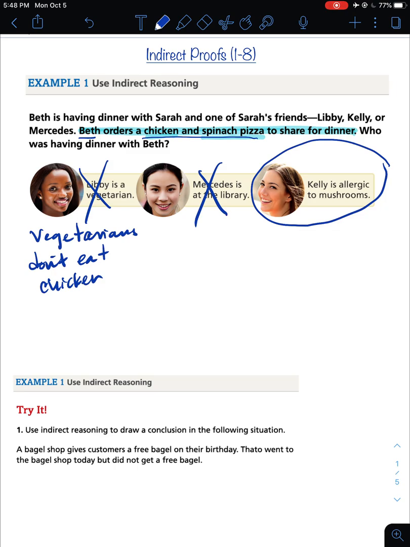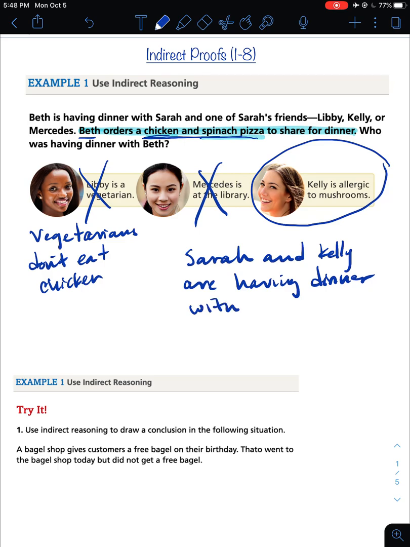So Sarah and Kelly are having dinner with Beth. That would be the answer there.